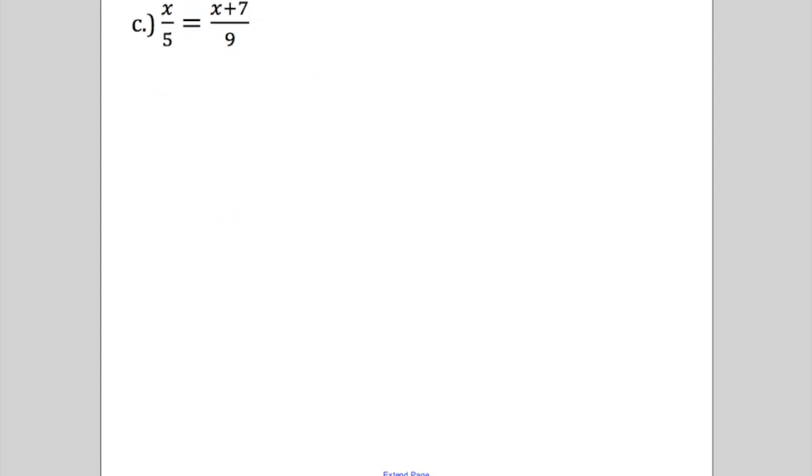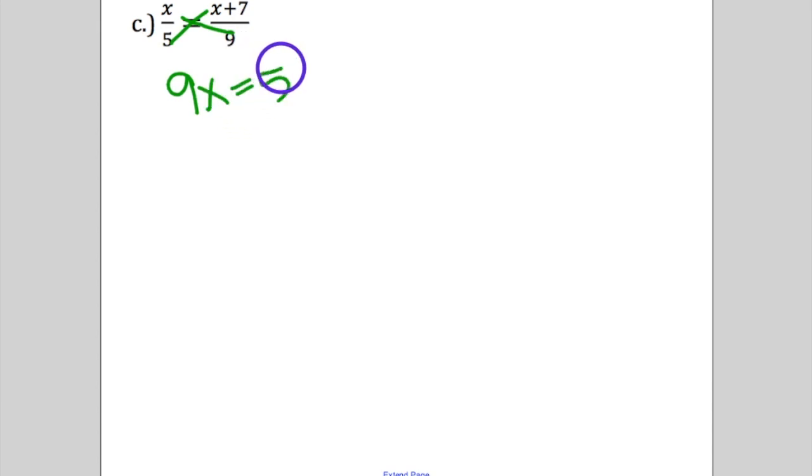And we have another example here. Example C. Again, we're going to set cross products equal to each other. So x times 9, so we're going to get 9x. And then we need to take 5 times x plus 7.